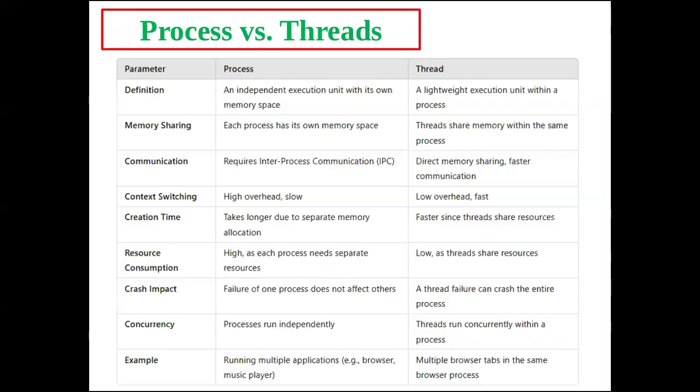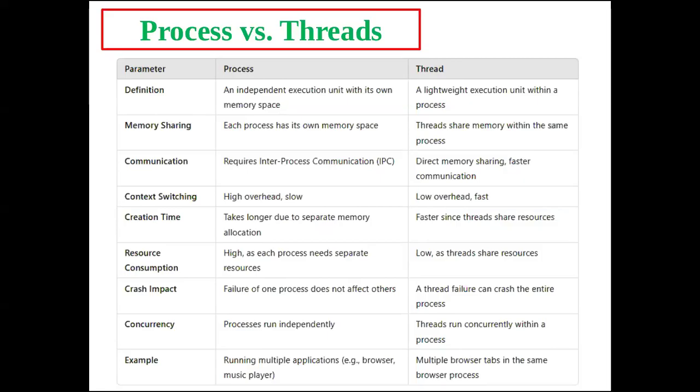Second parameter, memory sharing. Let us look at memory. Each process has its own memory space. Memory is completely separate. Whereas threads share memory within the same process, and all threads access the same memory. Parameter 3, communication.